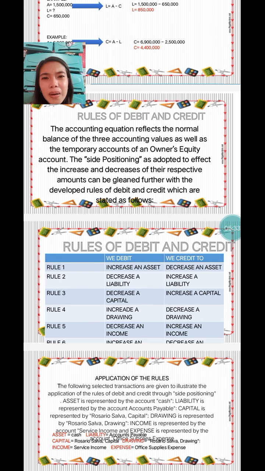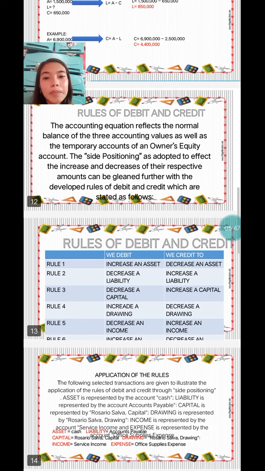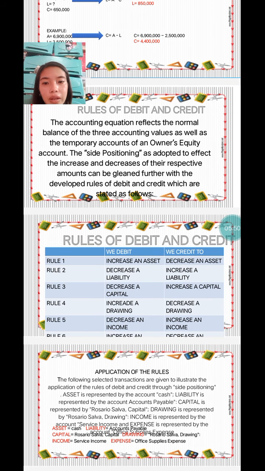Finding capital, assets, and liabilities is very important, most especially for entrepreneurs and businesses, so that malaman nila kung nalugi ba sila or what are those profit or na-gain nila na profit.